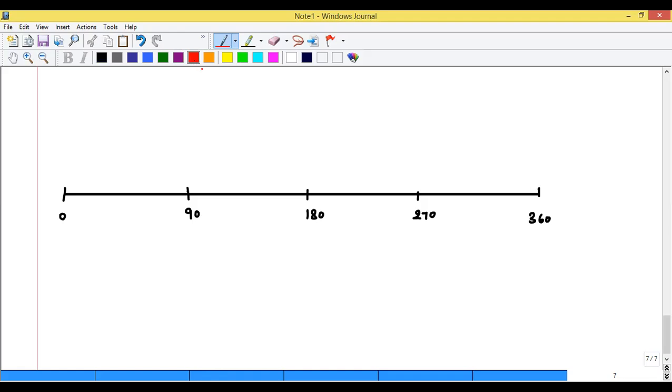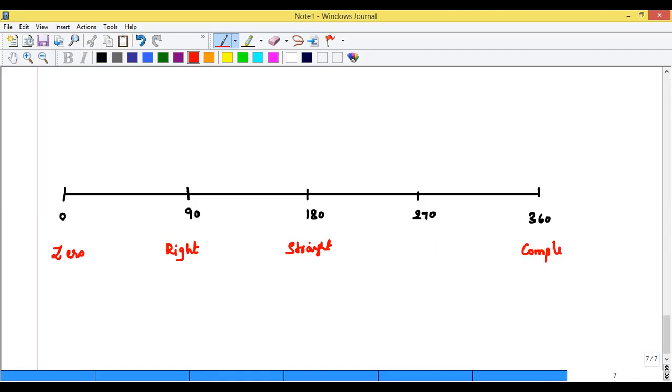I'm taking from 0 to 360 and I'm cutting it at every 90 degrees. First, zero angle is called zero angle only. 90 degrees is called right angle. 180 degrees is called straight angle. 270 you don't have a specific name. For 360 you have complete angle.